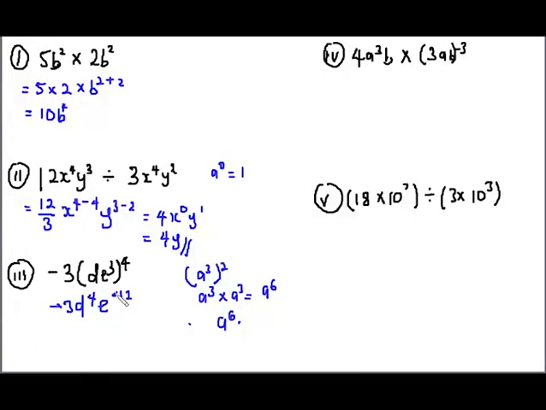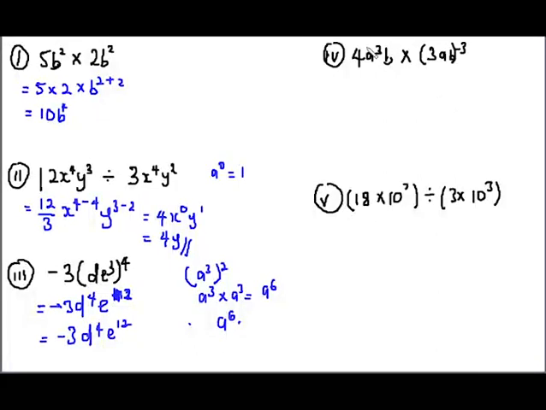To the power of 12, not negative 12. So the result to this problem is basically negative 3 d raised to the power of 4 e raised to the power of 12. Now I'd like you to try out this one by yourself to see if you've gotten the hang of the problem solving in indices.